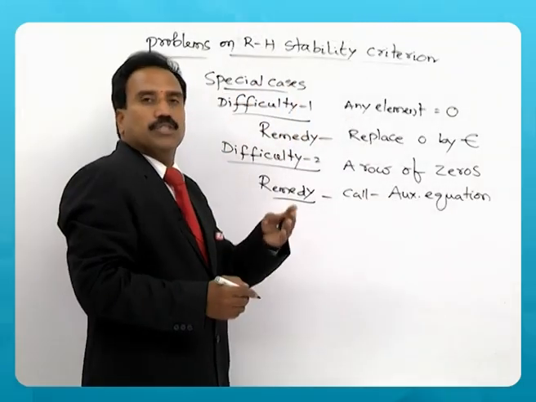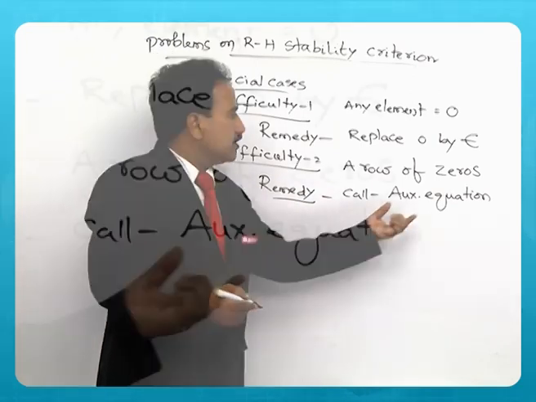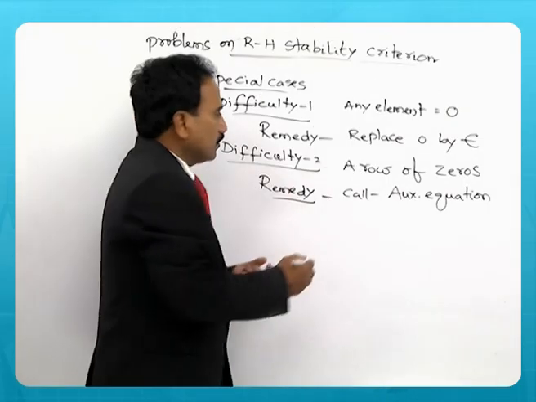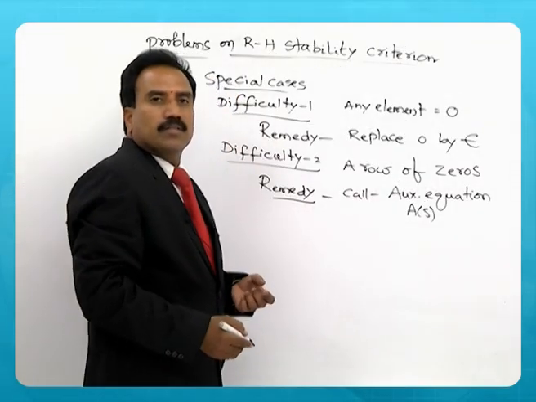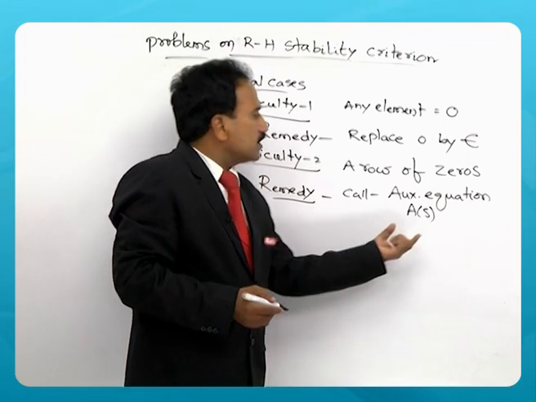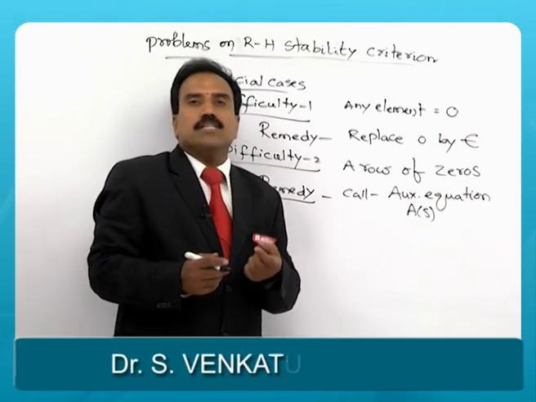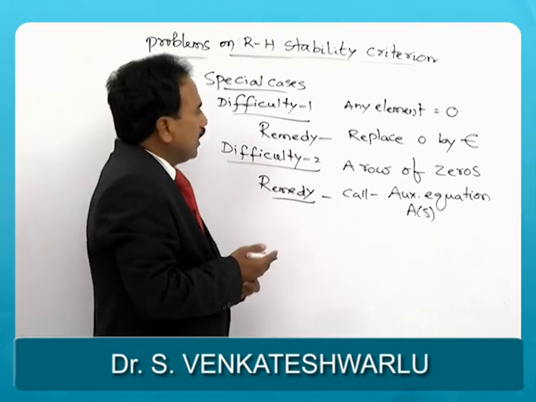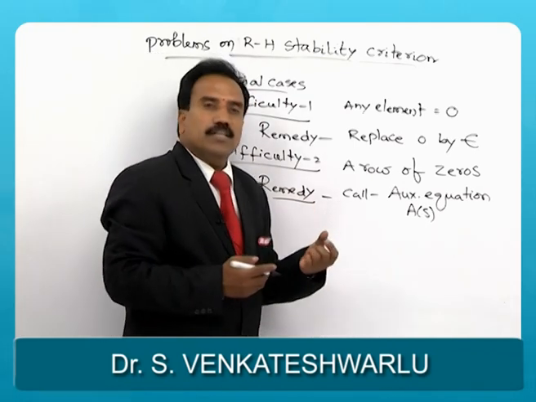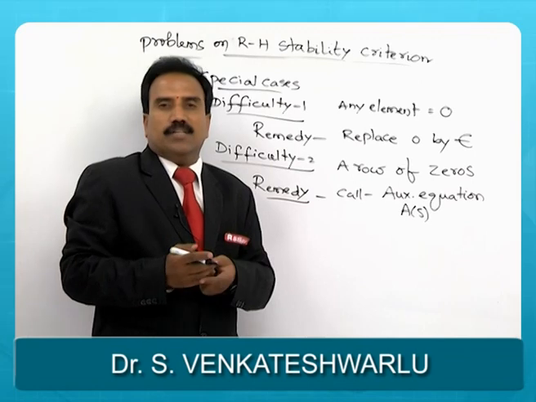A row above zeros is considered as the auxiliary equation. Call it A of S. That auxiliary equation has an even polynomial, and the roots of that auxiliary equation are symmetrical.